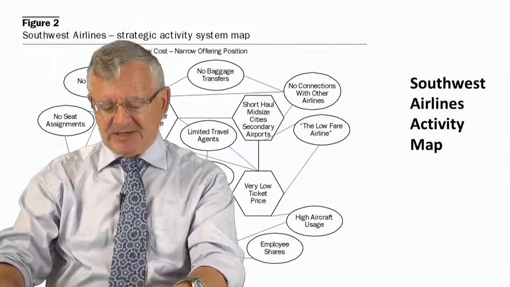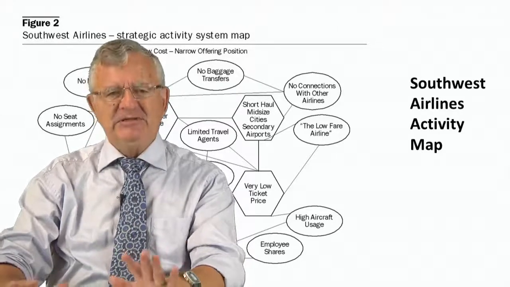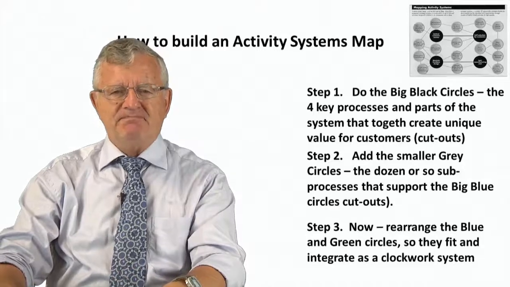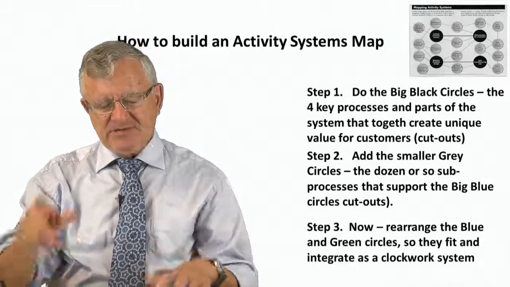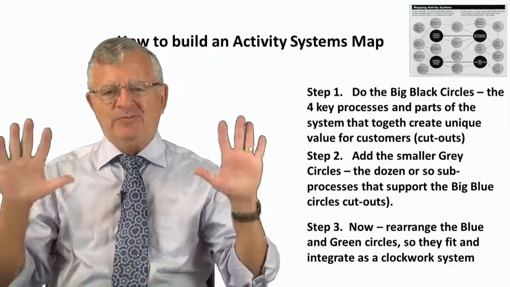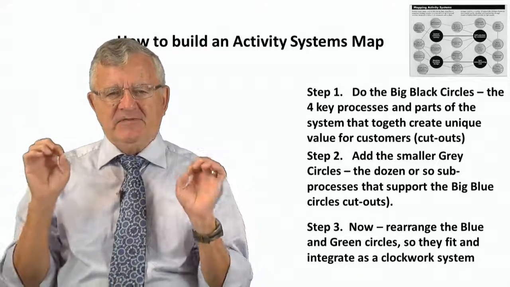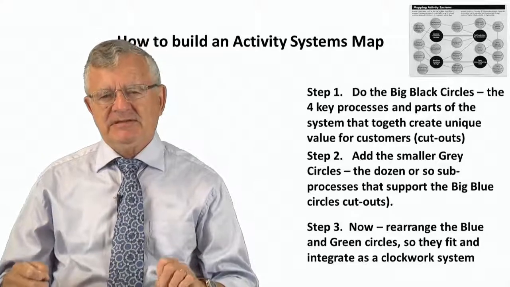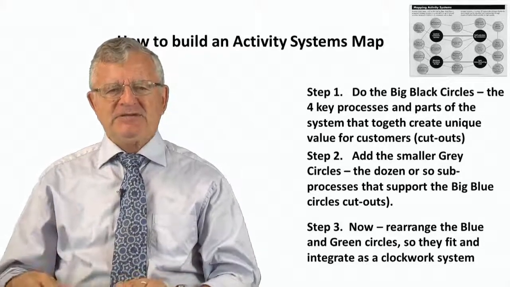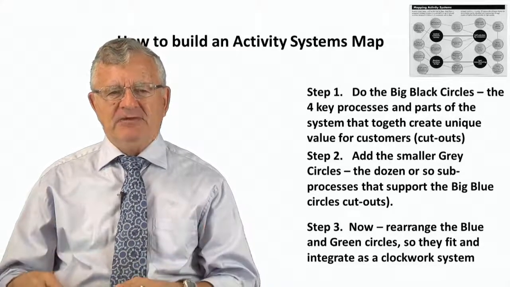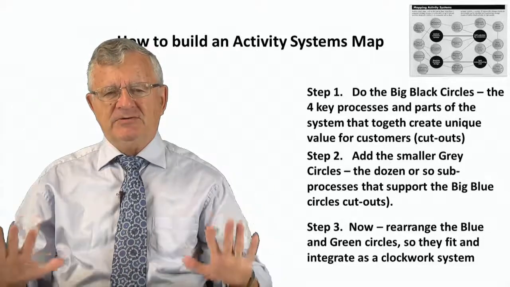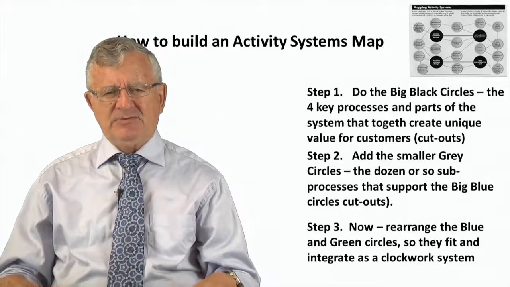So here's the how-to, here's the formula. How do you build an activity systems map? Take a piece of paper, cut out 4 big black circles, and then write down the 4 key processes, the operational aspects of creating the value. And these 4 things create unique value for customers.